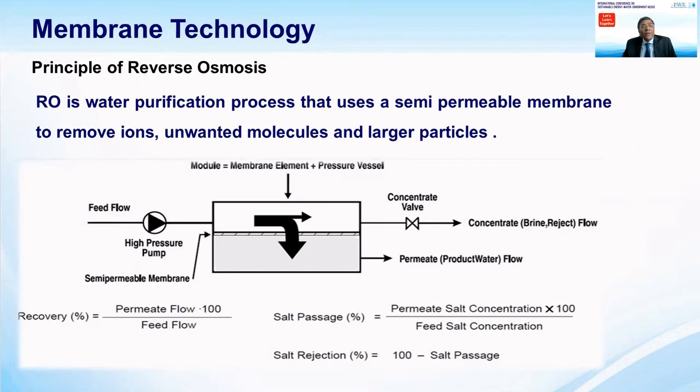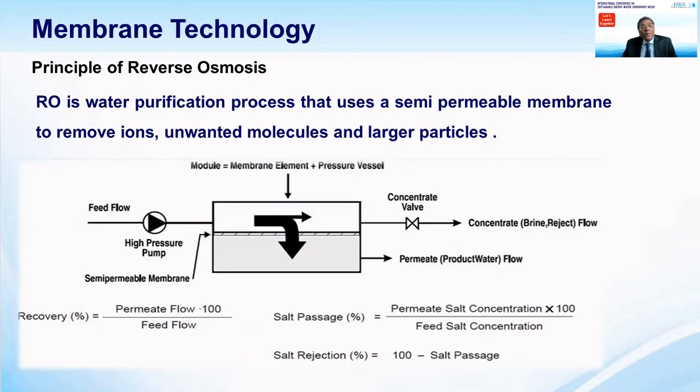That gives you the recovery of the system. Suppose you are feeding 100 cubic meter per hour water, and you are getting 70 cubic meter per hour product, and 30 cubic goes to reject, 70 divided by 100, it means you have the recovery of the system 70%.